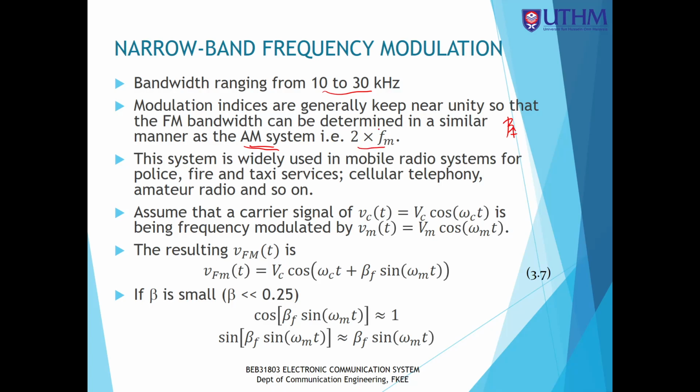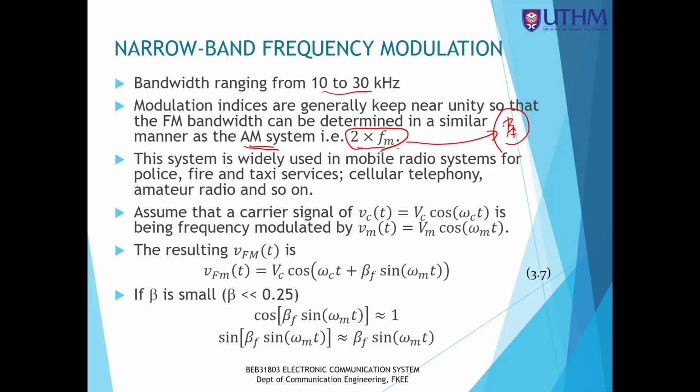How come it becomes like this? How come the bandwidth is approximately equal to 2 times FM? We are going to see later why the bandwidth is calculated like this. The beta F is small, which results in a bandwidth equal to 2 FM.